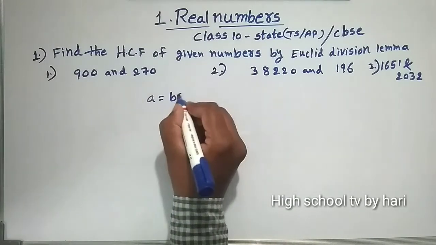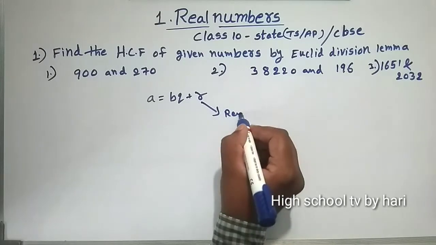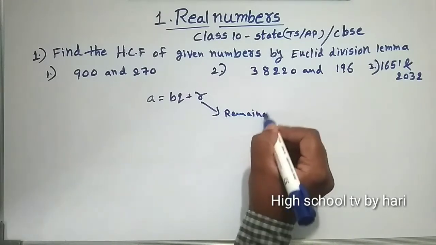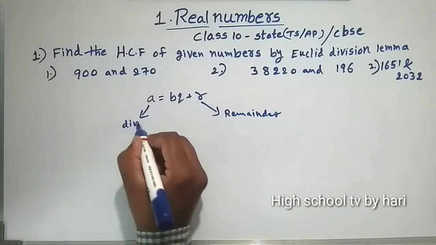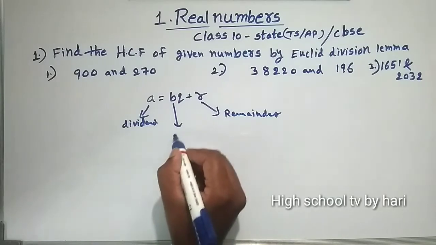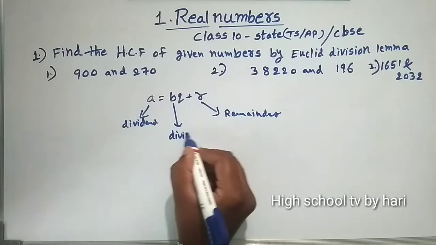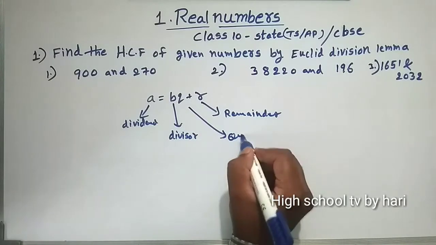A equals bq plus r, where r is the remainder, a is the dividend, b is the divisor, and q is the quotient.